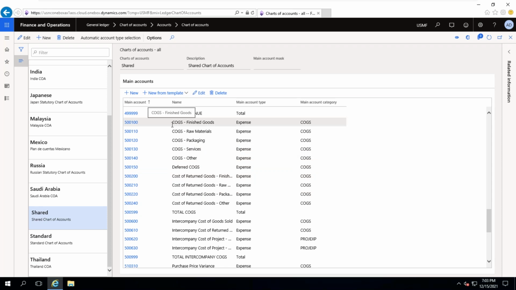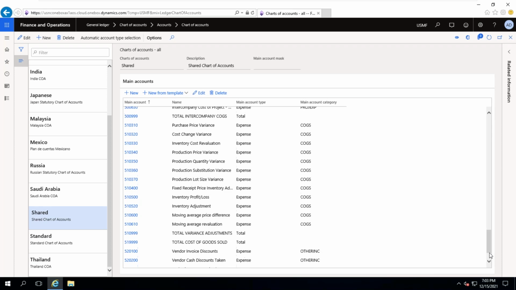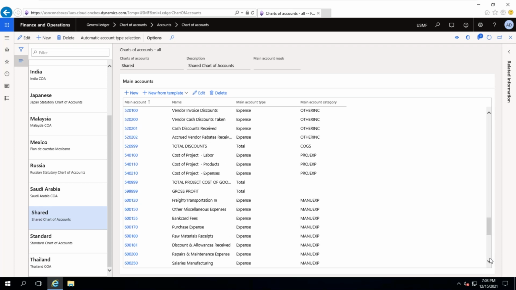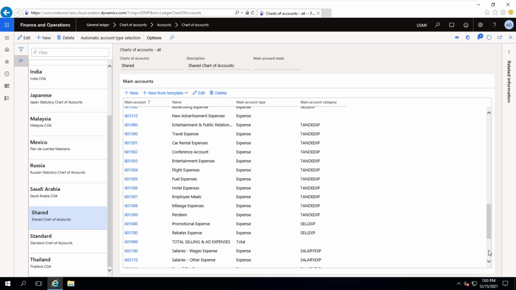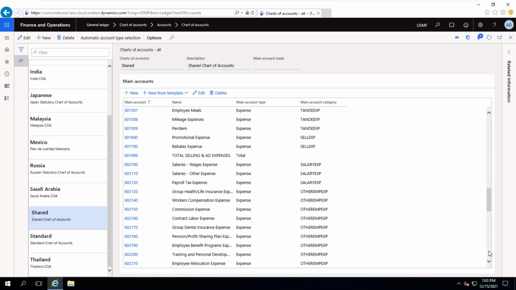And 6 series is office expenses. 5 and 6 series are expenses only, but in 5 I'm spending money to purchase material, and in 6 I'm spending money on expenses. So the 6 series will have a lot of expenses.